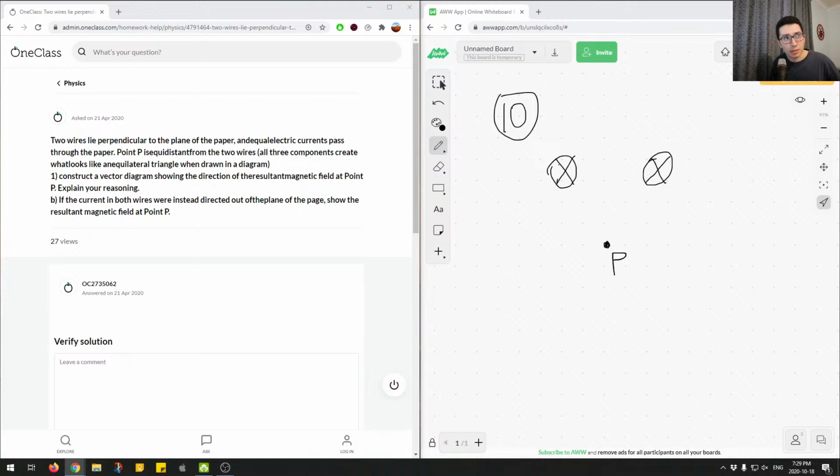Let me just double check something over here. Alright, so essentially, to figure out the direction of the magnetic field, we use the right-hand rule.